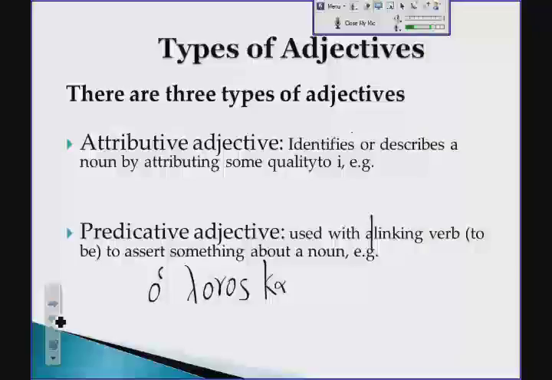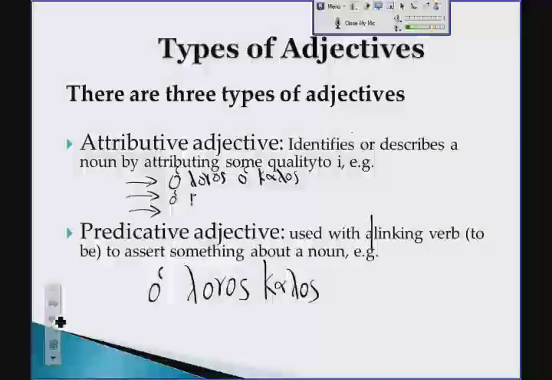And then you have kalos. What is the difference between this and the three scenarios here? Remember them: ho kalos logos, ho logos kalos, and then kalos ho logos.